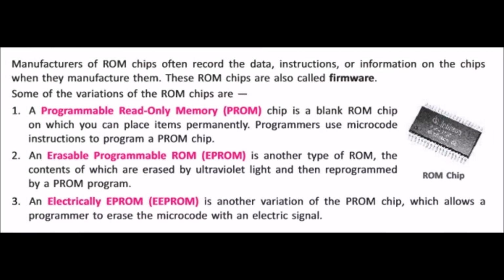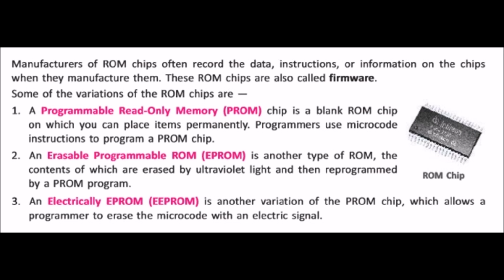When manufacturers record data on chips, they are known as firmware. When we have blank ROM, then we can program it once. It will be programmable read-only memory or PROM.